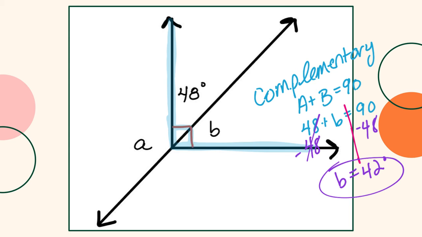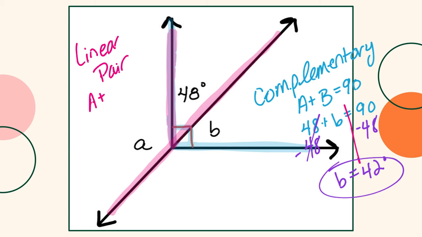Let's also look along this pink line. This is a straight angle. So whenever I see a straight angle, that means that I either have a linear pair or I have supplementary angles. In this case, they share a side. They sum to 180, they share a side. So this means that I'm dealing with a linear pair. So my equation is A plus B equals 180.